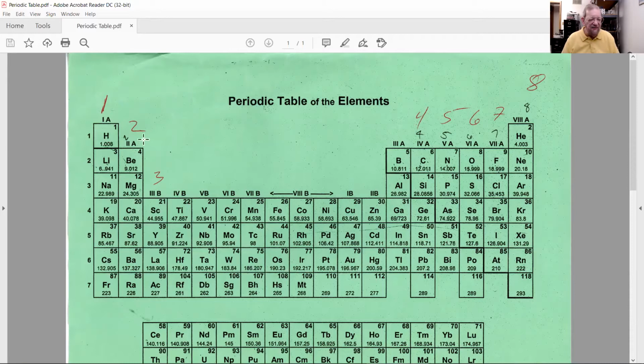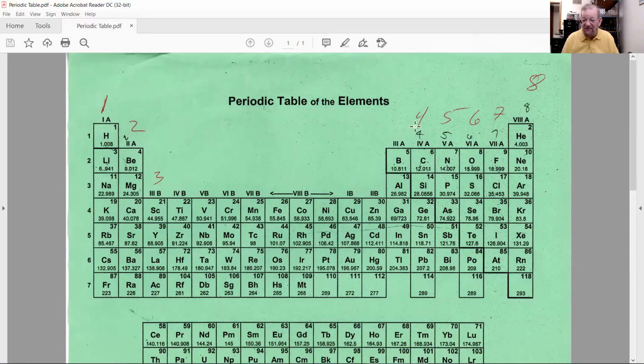Now, if we look in the second column, that's Roman numeral 2, which students didn't know, so I put the red 2. Magnesium and calcium have 2 valence electrons. Now, let's go over to my favorite, carbon. How many valence electrons does carbon have? And you see the Roman numeral IV, which a lot of students didn't know.